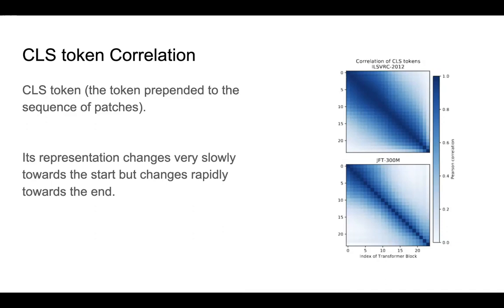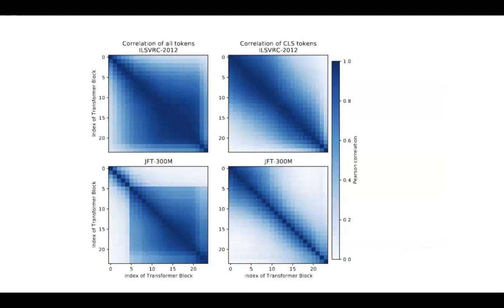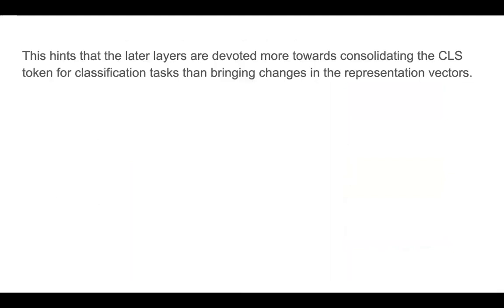The CLS token is the token prepended to the sequence of patches, and its representation changes very slowly towards the start, but changes very rapidly towards the end. This hints that the later layers are devoted more towards consolidating the CLS classification than bringing change in the representation vectors.